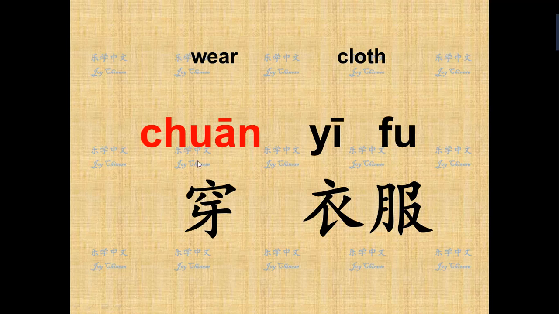So the way you combine these to make a word or a sentence, you say 穿衣服. You directly connect these two words, the verb and the noun. 穿衣服. We can also say 穿鞋, like we have learned in the last slide. Combine 穿 with 鞋 means 穿鞋, wear shoes or put on shoes.